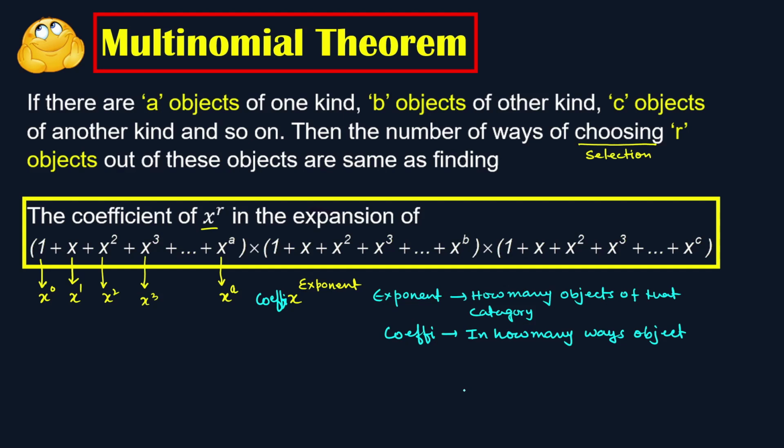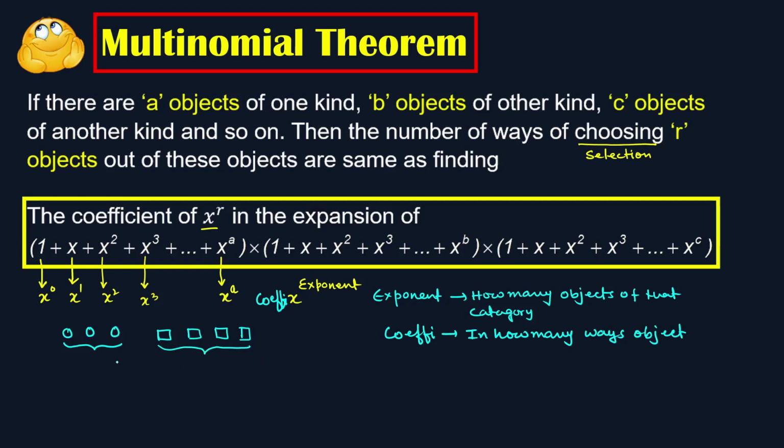Is it clear? Let us try to understand this theorem by means of an example. Let us say there are three objects of one kind and there are four objects of another kind.